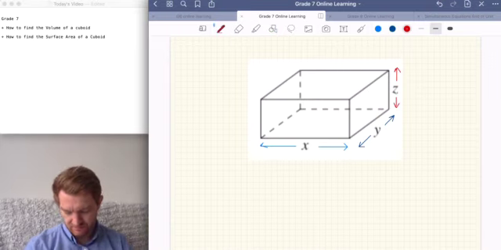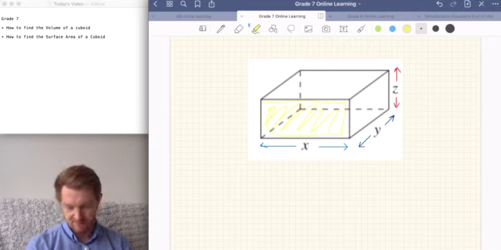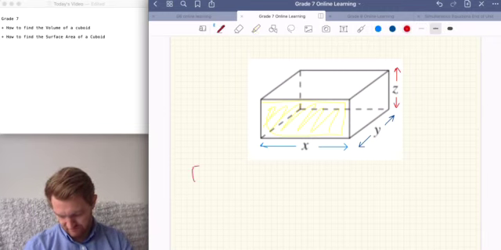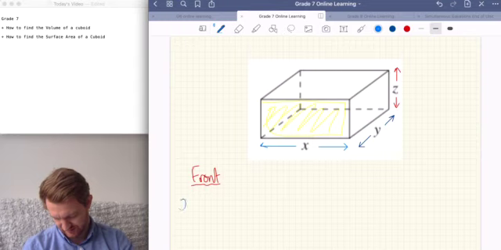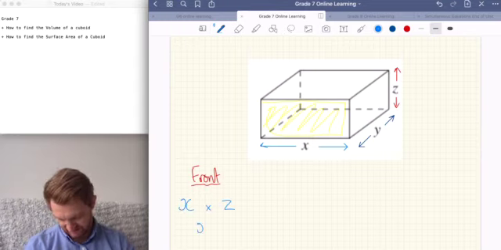So let's say we wanted to do the front. I want to work out the area of this face at the front, this bit here. Well, the front is going to be X along and it's Z tall. So we'd say X times Z. So it can be XZ.